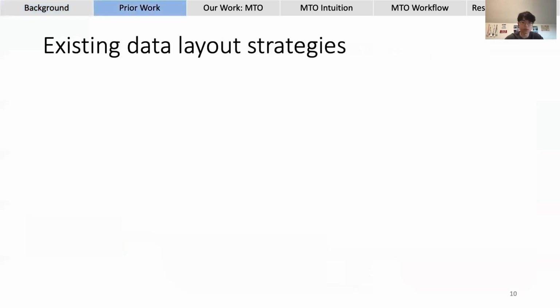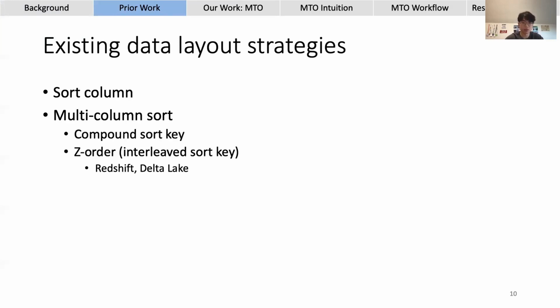So there are a variety of existing techniques for defining a data layout. The most common technique is to sort the data by a particular column, such as the date column. But as we just saw in the previous example, this technique might not be super effective if queries filter on multiple different columns.